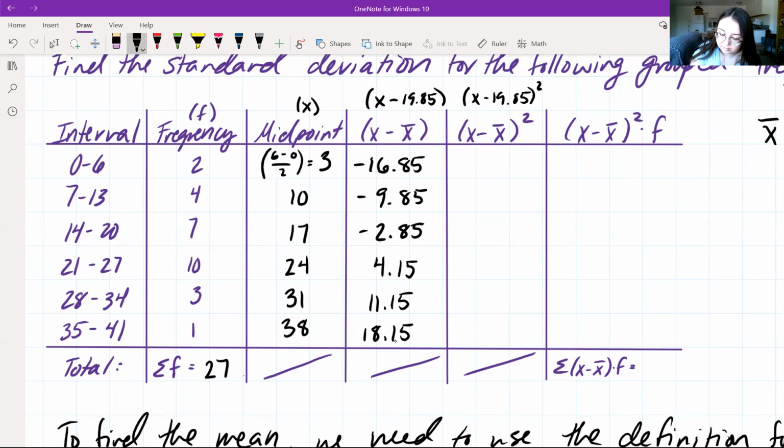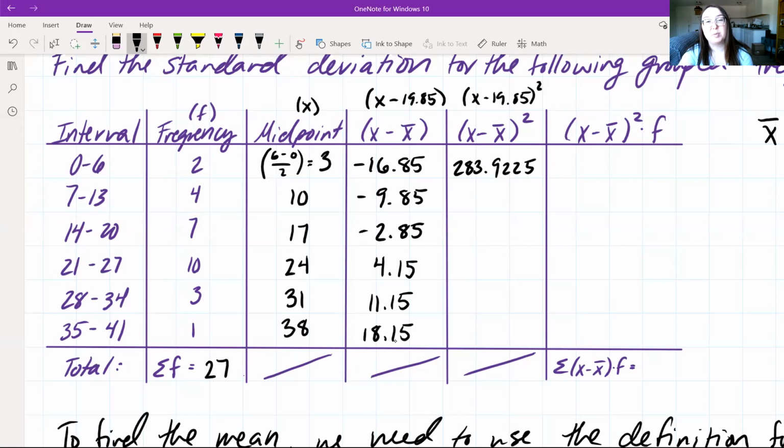As an example, this first one here is going to be negative 16.85 squared. This number is going to be large because they're decimals, so I'm going to have to erase this. But if we square negative 16.85, we get 283.9225.